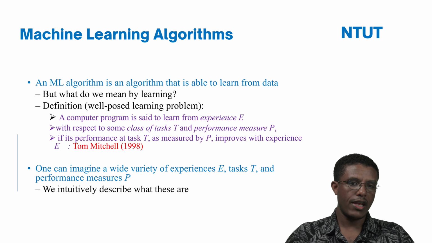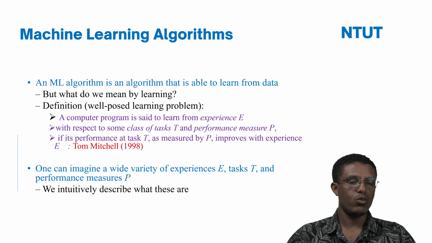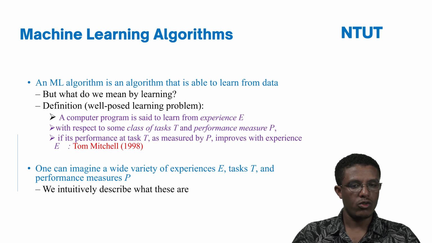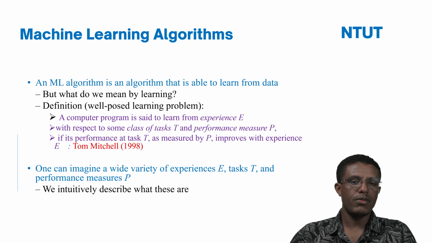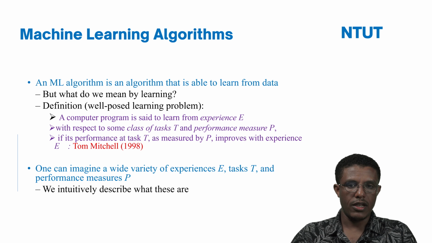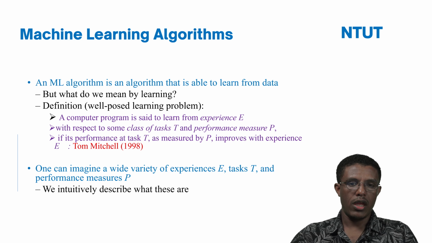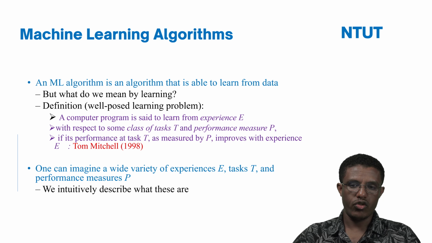Finally, the performance of the model or algorithm is measured using the performance measure P, the mechanism by which we evaluate the performance of our algorithm. So learning can be expressed using three terms: E, P, and T.